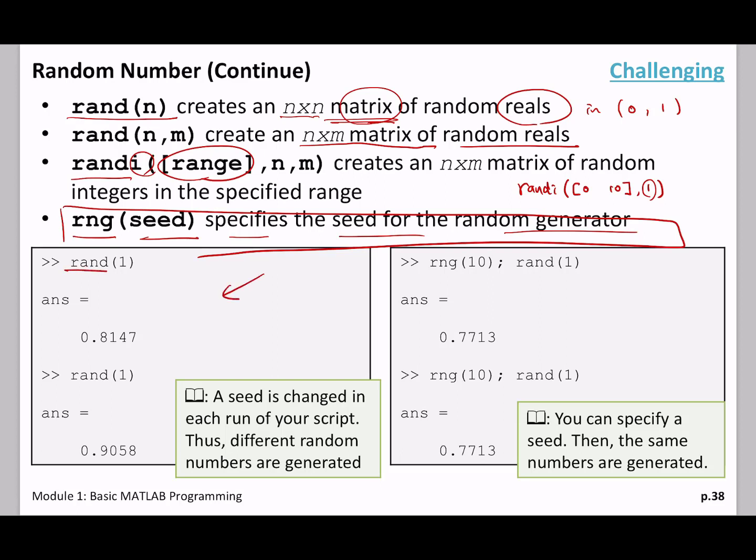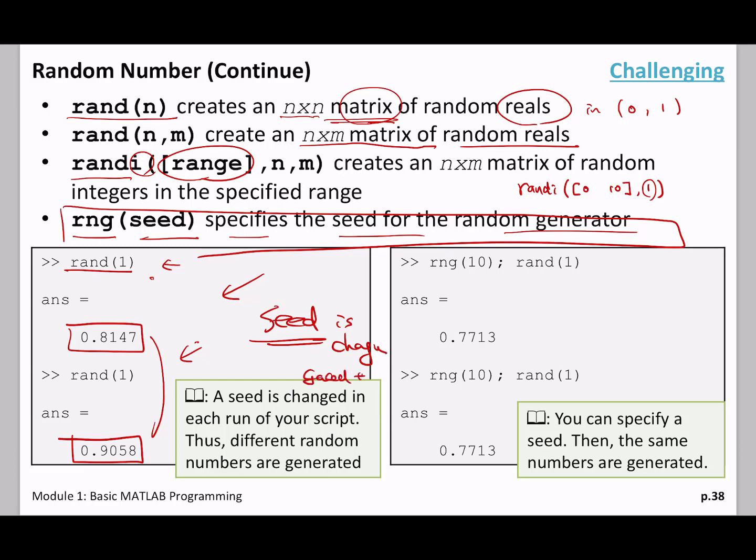rand(1) generates one single random number. I run it and it generates this number, and run it again and it generates a different number. Why? We read the random number from a different random table because the seed changes based on time.